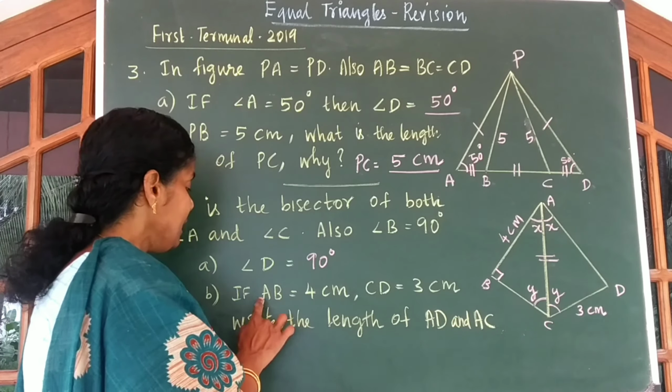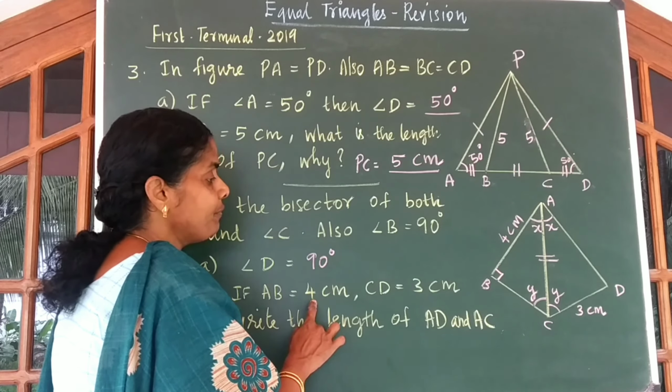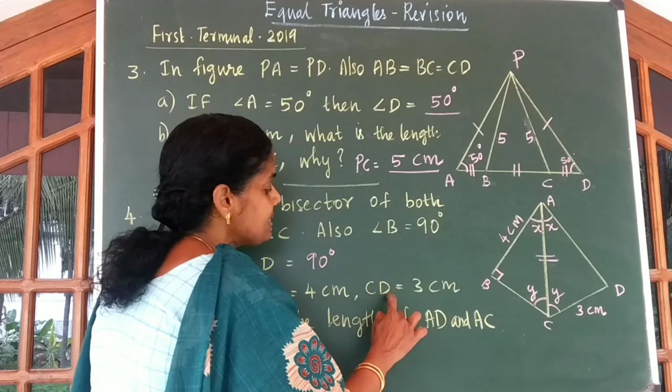If AB is equal to 4 and CD is equal to 3, write the length of AD and AC. First of all, let us write AD. Now what is AD? Opposite to the equal side Y, you have 4 centimeter.